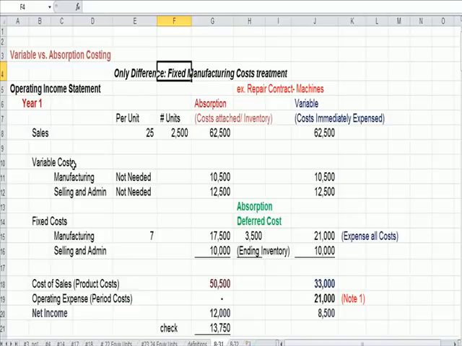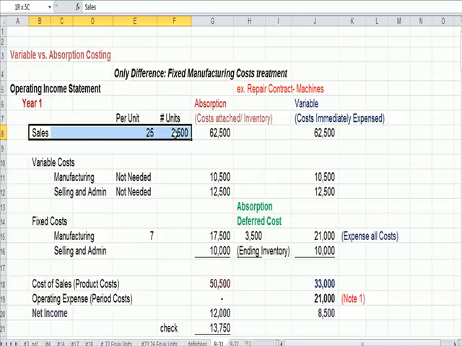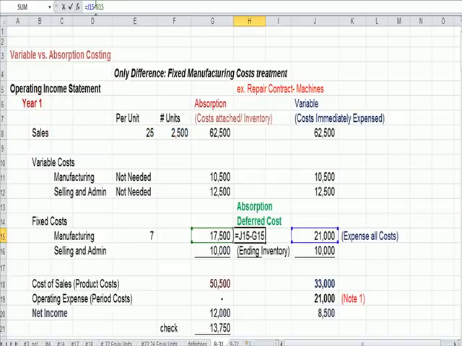And the student was given a problem in which there are 2,500 units sold, but there are 3,000 units produced. So I'm going to put that underneath here.